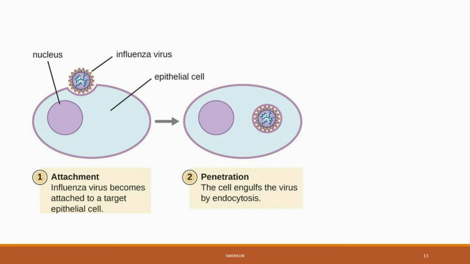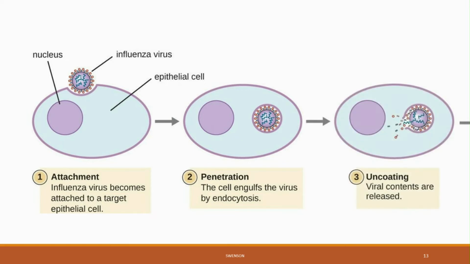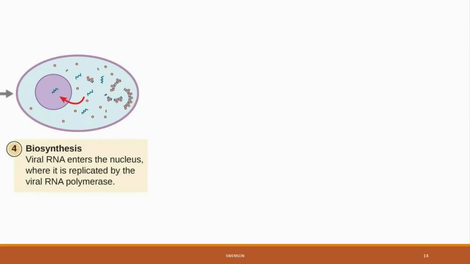And then you have penetration, and this is where the cell is going to engulf the virus by endocytosis. Endo meaning in, cyto meaning cell, so endocytosis. And then the virus uncoats itself, and the viral contents are released into the cell, and therefore the viral RNA can start delegating work to the cell.